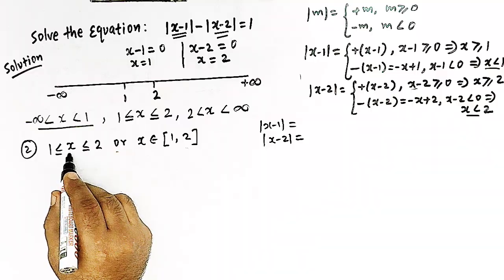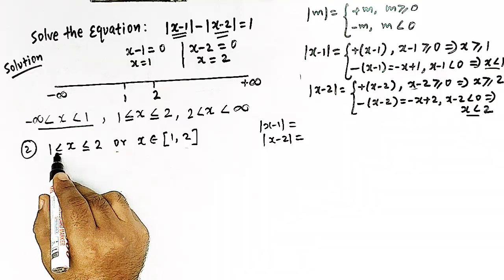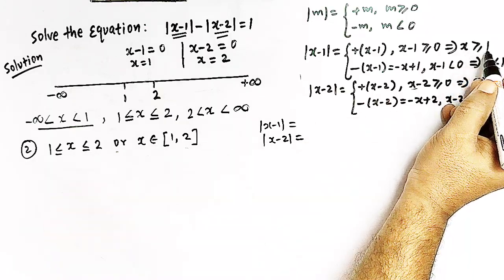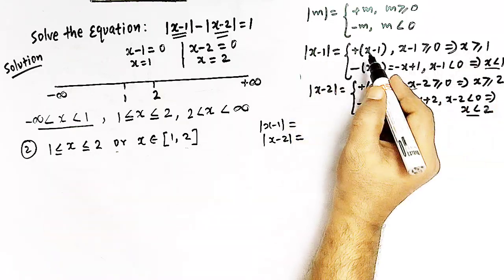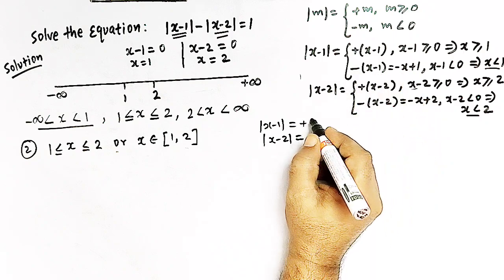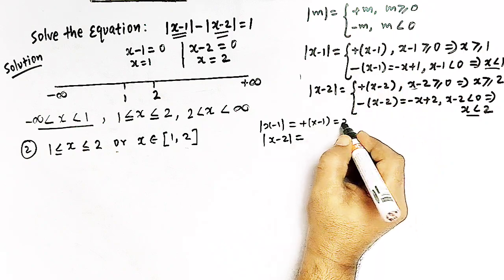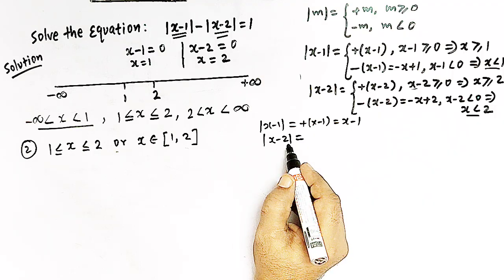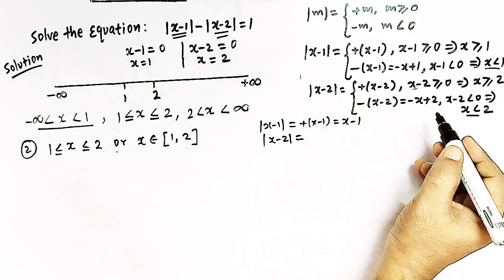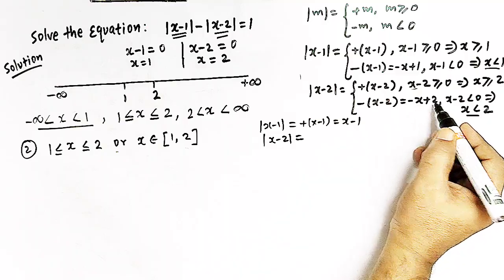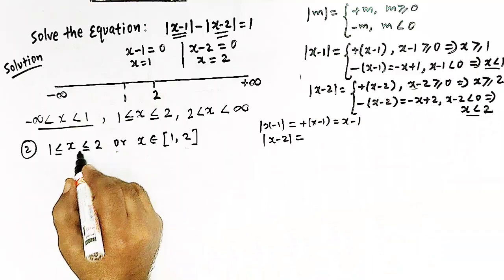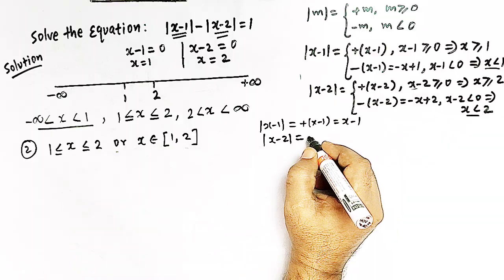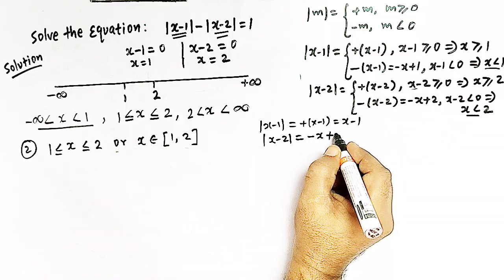So here we have x is greater than or equal to 1, so mod of x minus 1 is simply positive x minus 1, that is simply x minus 1. And here we have mod of x minus 2. Mod of x minus 2 is equal to negative of x plus 2 when x is less than 2. So we can now write here negative of x plus 2.